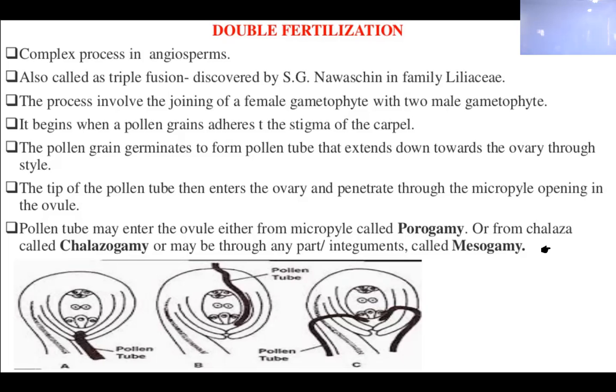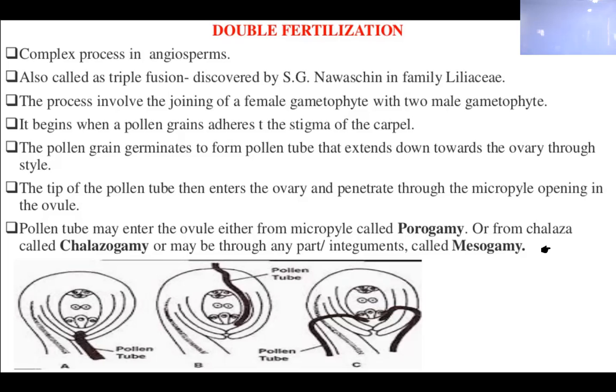Understood? That's the reason afterwards the zygote develops into an embryo. It's only because of the second fusion. And that second fusion is nothing but the second haploid male gamete fusing with diploid secondary nucleus, and then there is formation of primary endosperm nucleus. And this endosperm is going to provide nutrition to the zygote for further development.